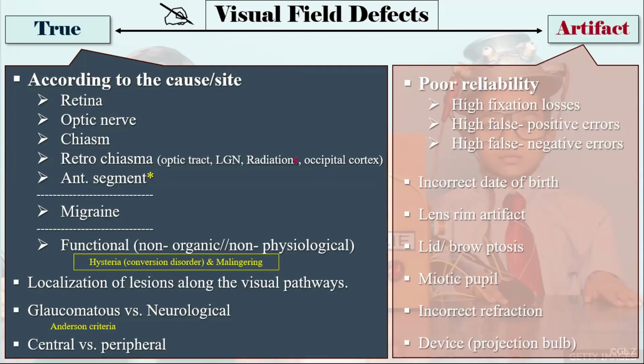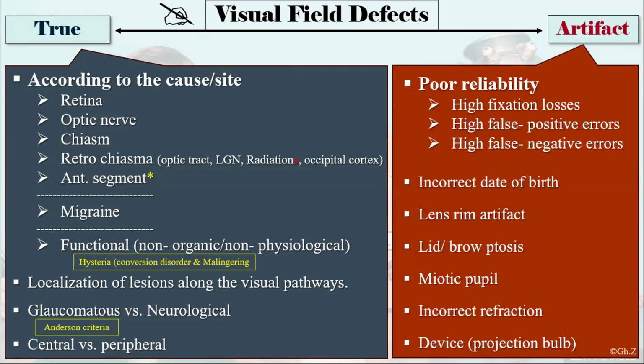Last but not least, you may be given a normal visual field printout in the exam. The aim here is simply to assess your ability to systematically interpret the printout, describe each section, define some terms, and comment on everything.